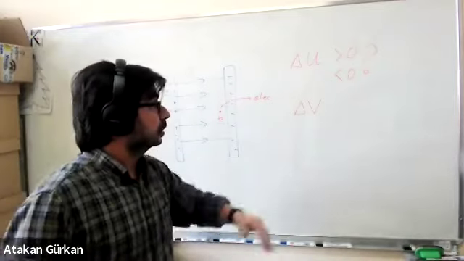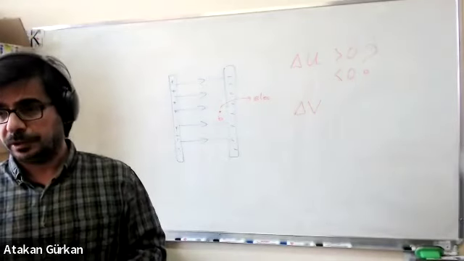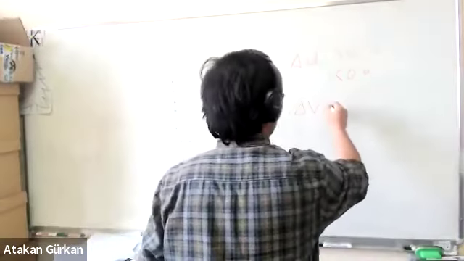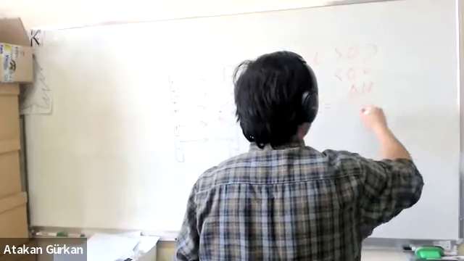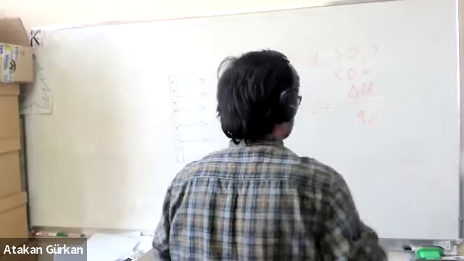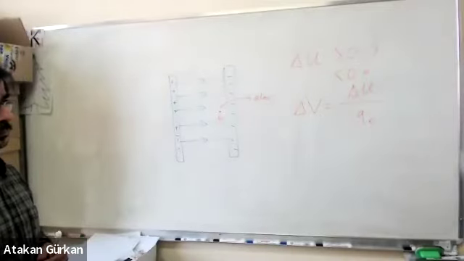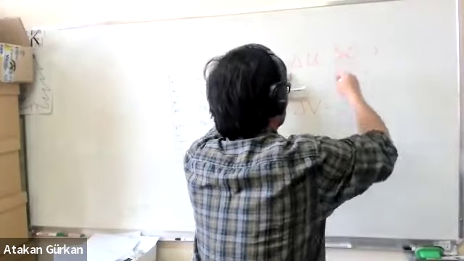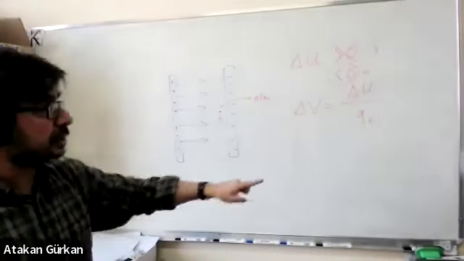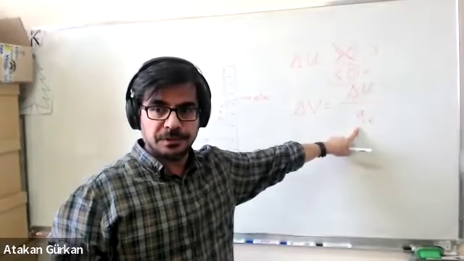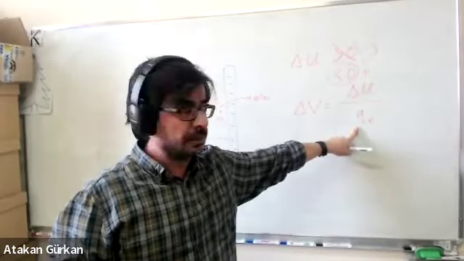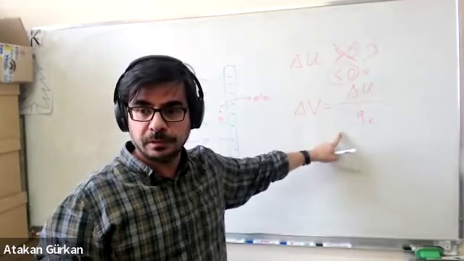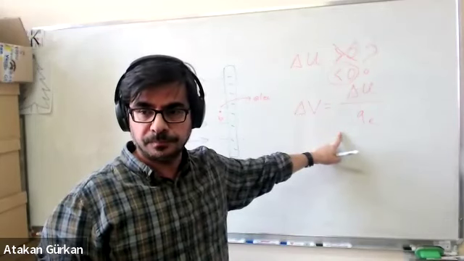Now, its potential is another story. By our definition, delta V is going to be delta U divided by the charge of the electron. But the charge of the electron is negative. So if my potential energy is decreasing, then I must be moving in a way that increases my potential.